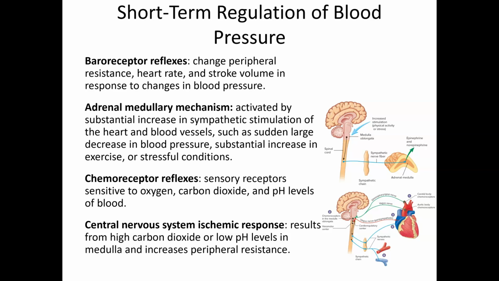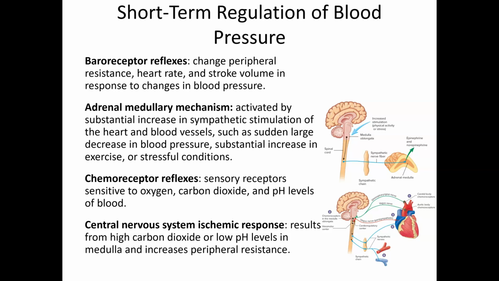Note that as our carbon dioxide levels increase, our pH levels are going to decrease. And the same thing is going to take place, but vice versa. So if we have our blood carbon dioxide levels decrease, then our blood pH is going to increase.